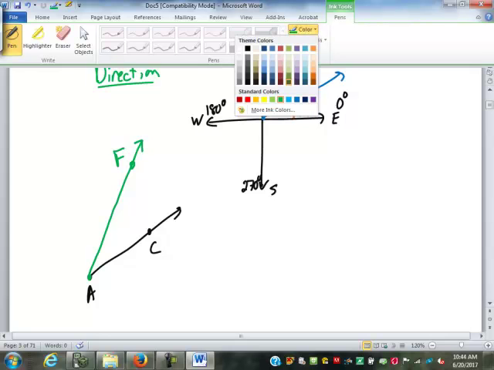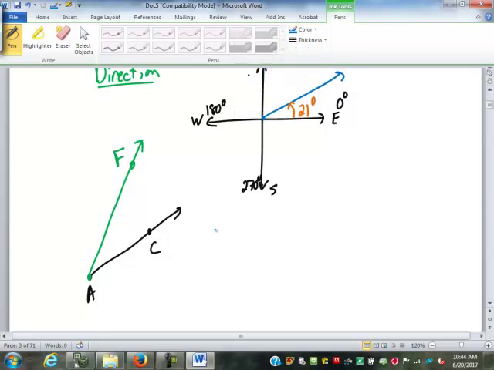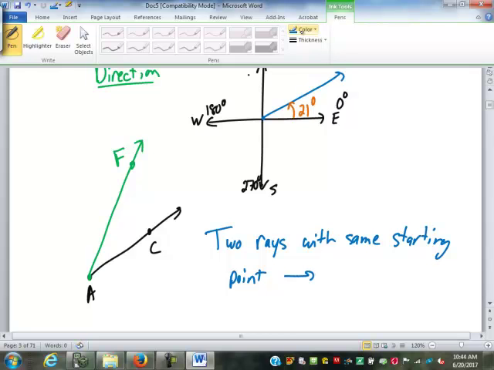What I have created now, having two rays with the same starting point, is called an angle. That common starting point, by the way, is now going to be called a vertex.